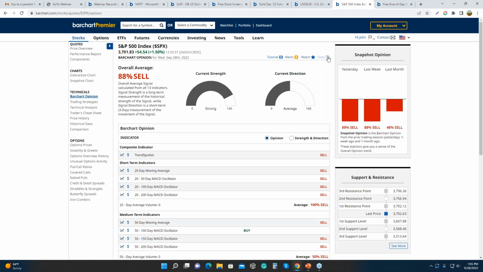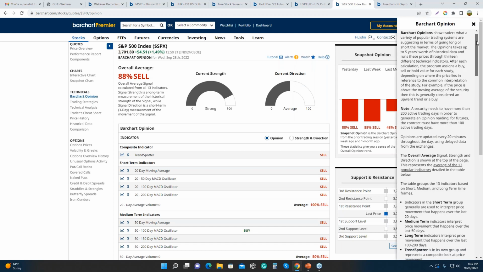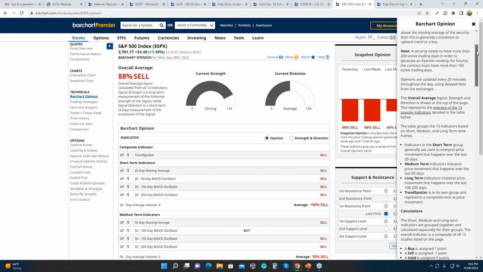Now, the overall opinion looks at the historical data across 13 different technical analyses or indicators, and it takes into consideration the common interpretation of that particular indicator. And then it assigns it a buy or sell or hold signal.